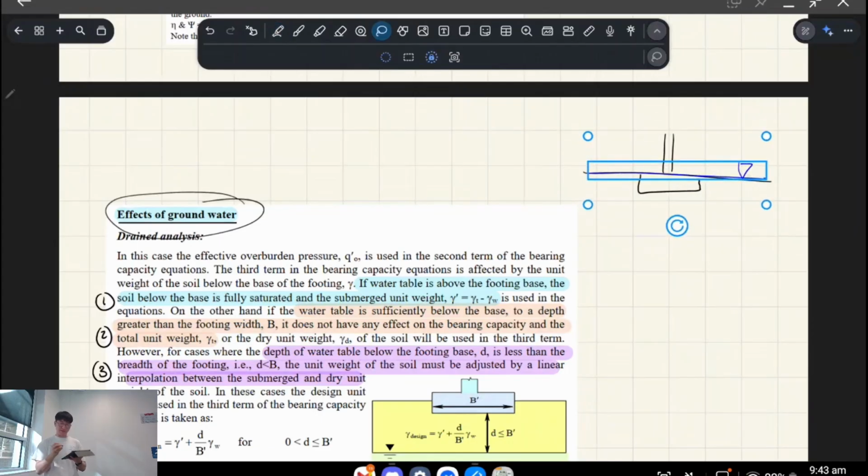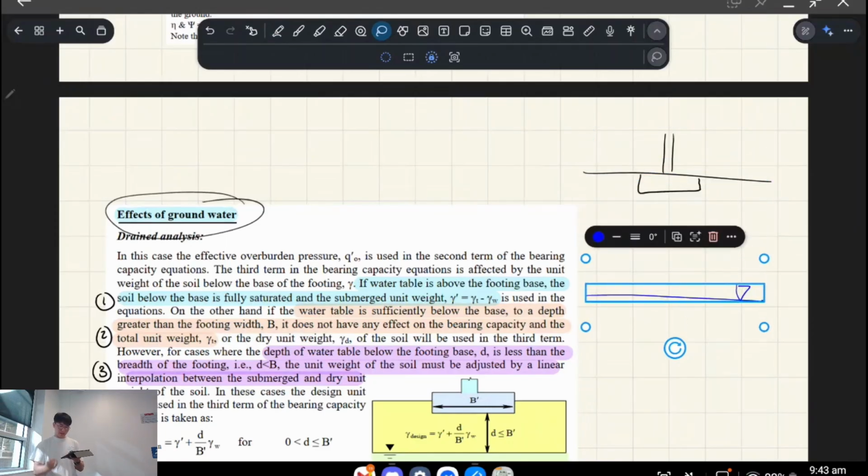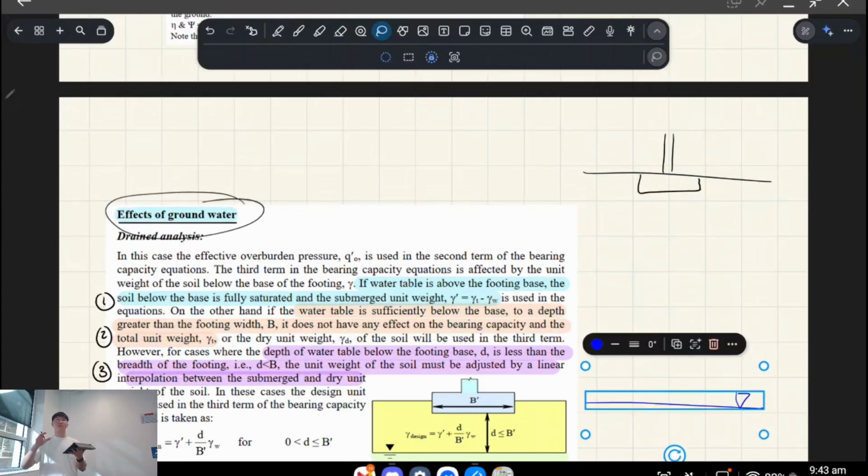Okay, so if the water table is at the surface, your entire pad is submerged. If it's way down here, and I'm going to exaggerate it by quite a bit, if your water table is really far beneath your pad, then under drained analysis the water table doesn't affect the pad's bearing capacity at all.